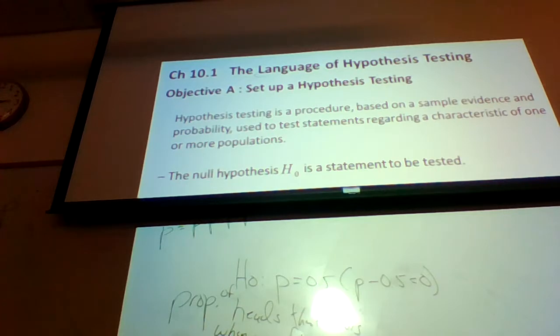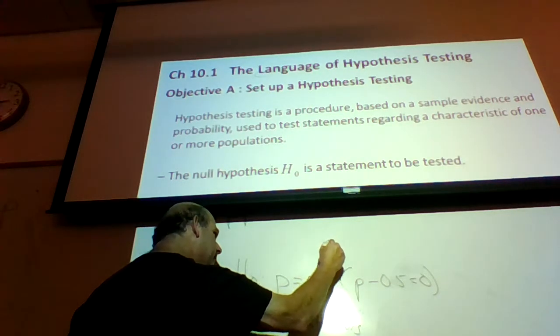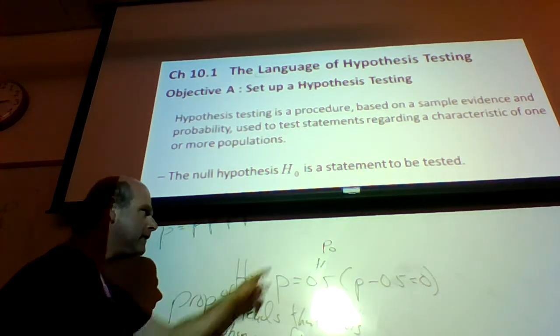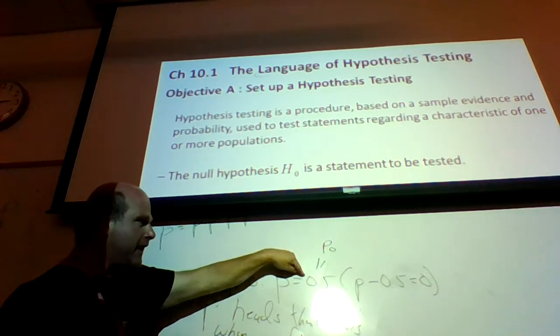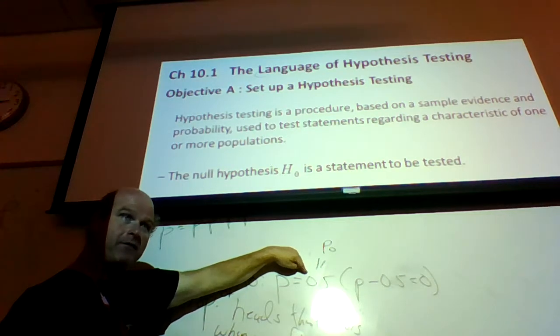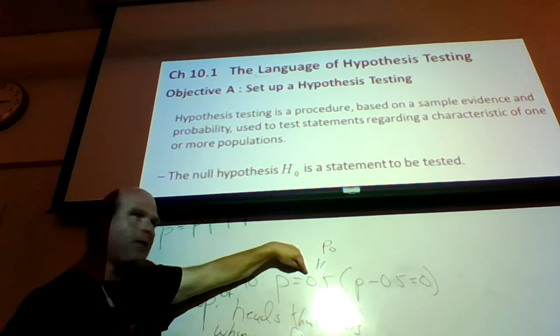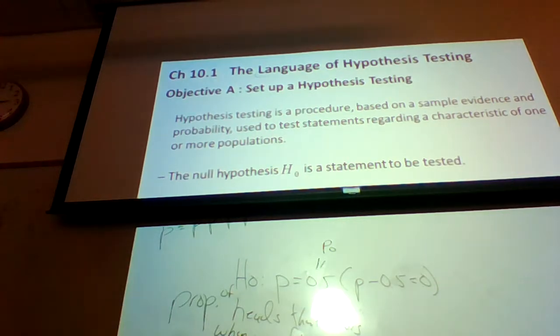Sometimes we abbreviate, the symbol for this is P little 0. And P little 0 is the value of the parameter. In this case, P little 0 is what? 0.5. Good. Very good.